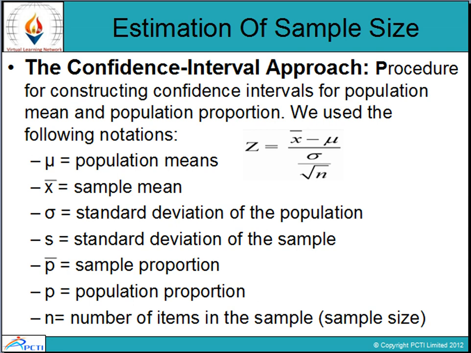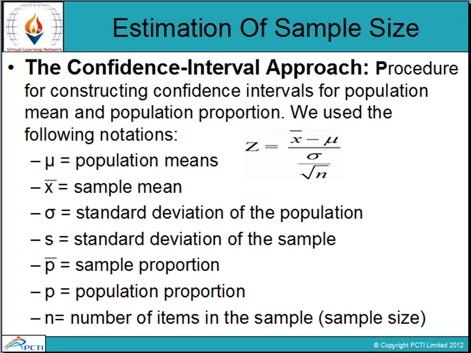Now when we talk about the estimation of the sample size, there is an approach which is referred to as the confidence interval approach. It is a procedure of constructing confidence intervals for the population mean and the population proportion.